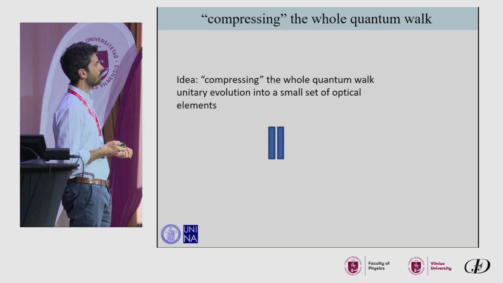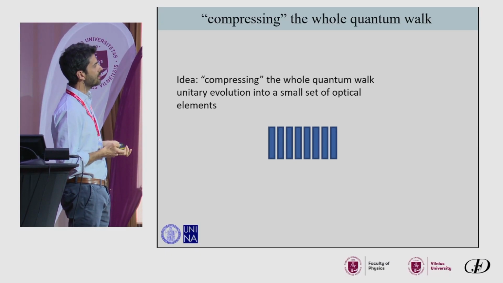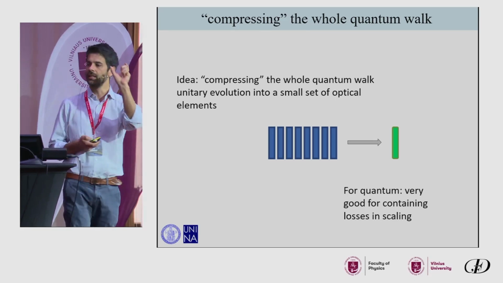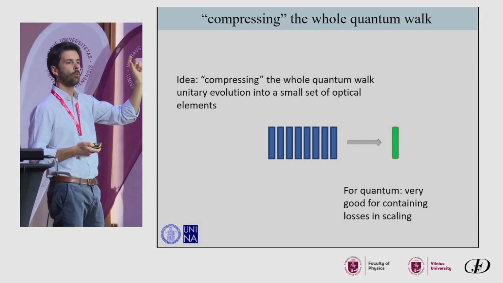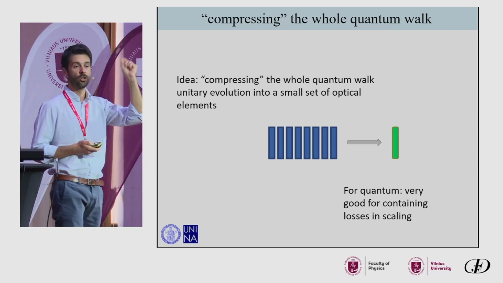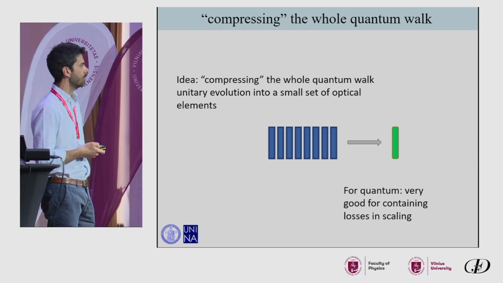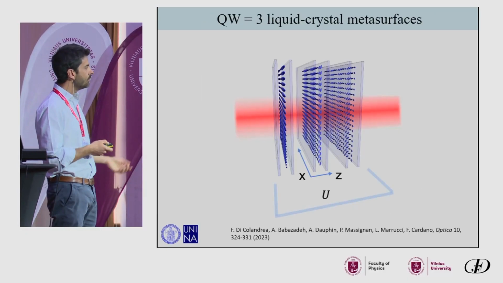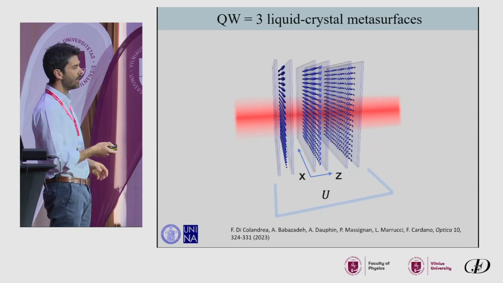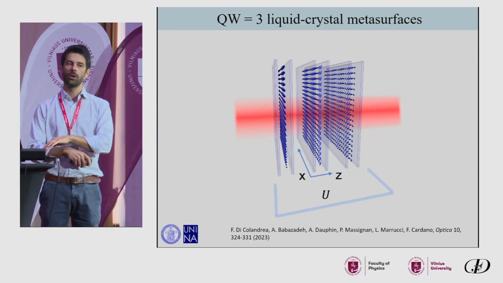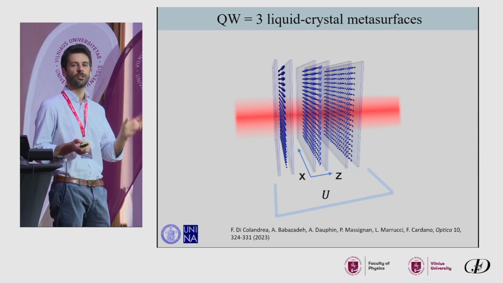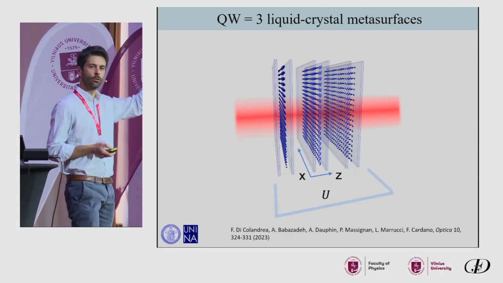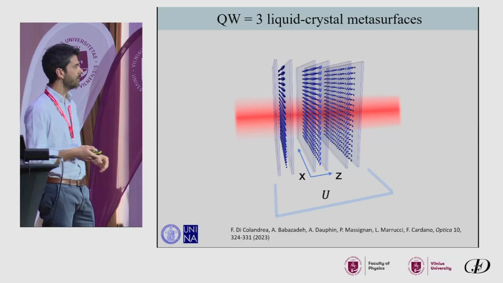So let's say you take all these. Is the optical transformation performed by this bunch of plates equivalent to maybe just one or to a few of these plates? And we found in 2023 that there is a way. It's not universal, so you cannot squeeze all possible unitary maps, essentially only those related to quantum walks which are translationally invariant.